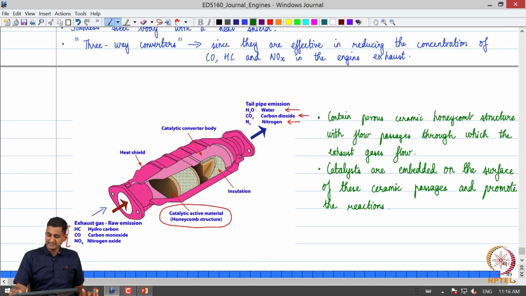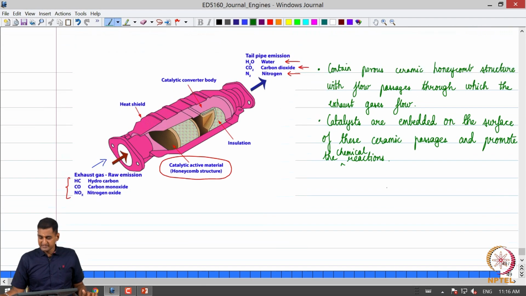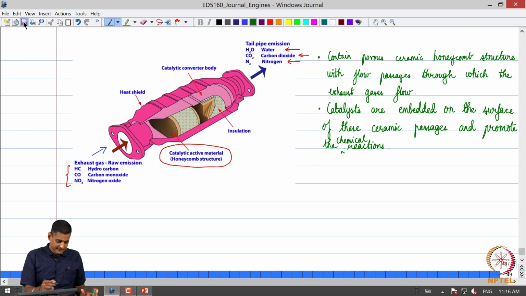Of course, chemical reactions, obviously. So, that is what happens in a catalytic converter.